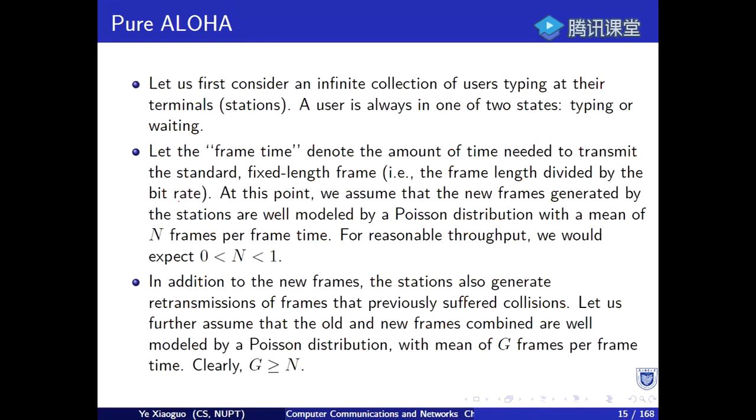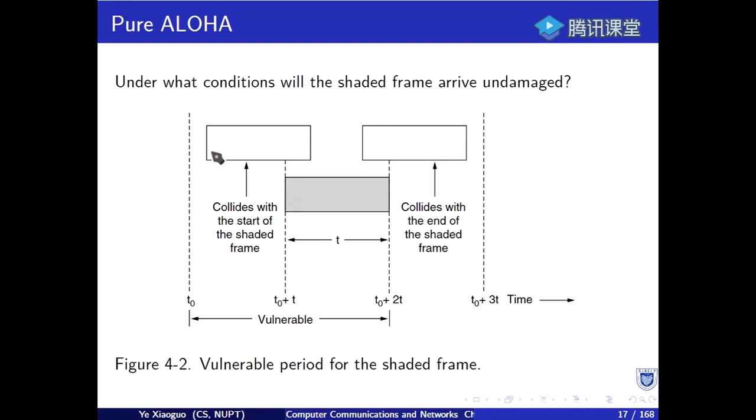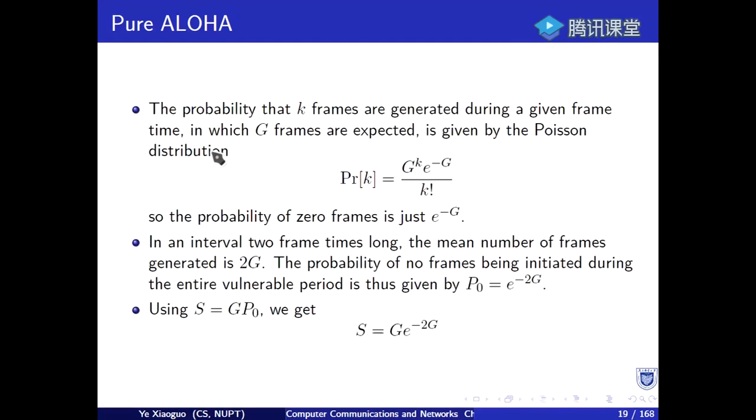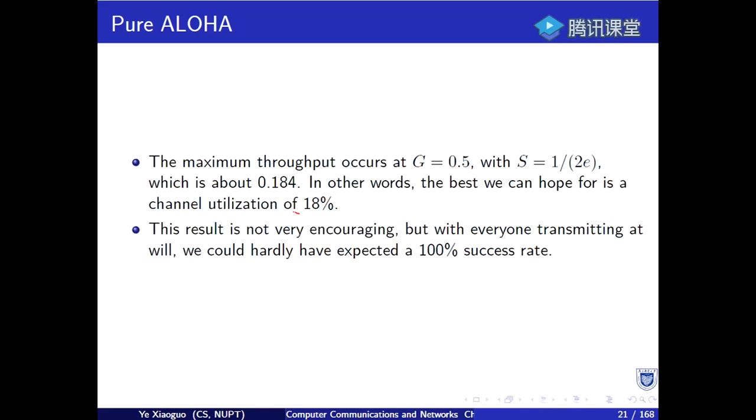How do we get the result? We can analyze it with queueing theory. The maximum throughput occurs at about, in other words, the best we can hope for is a channel utilization of 18%.